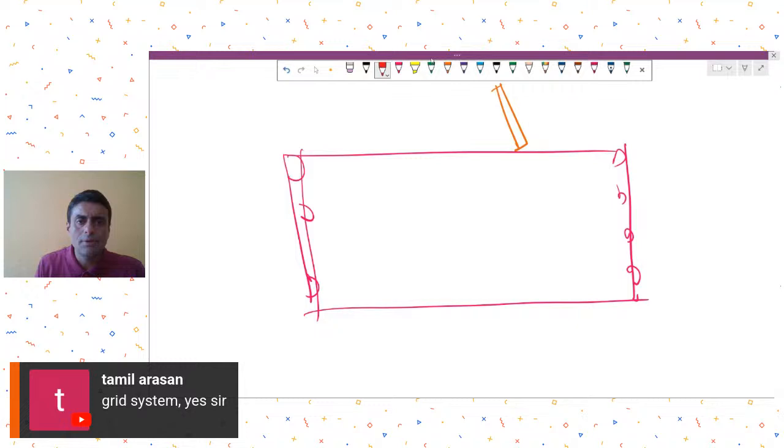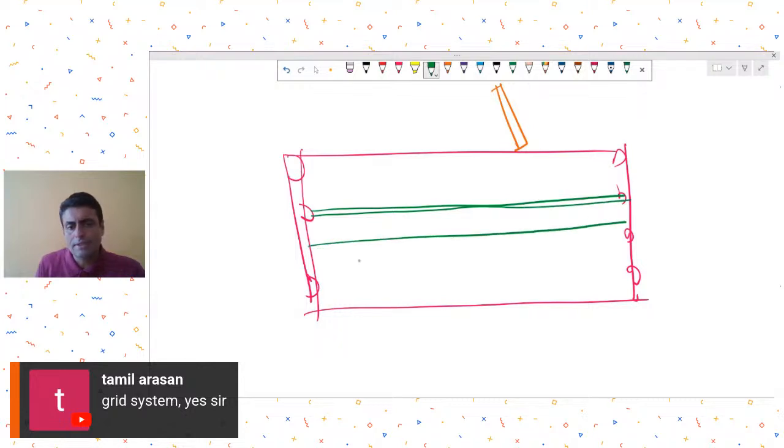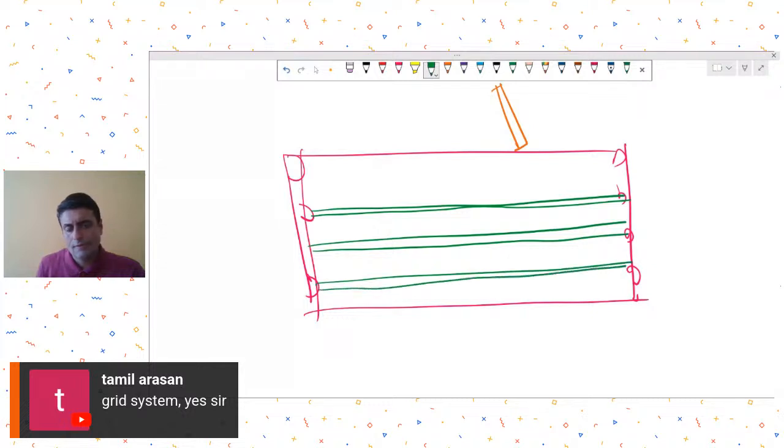So in plan view it would be something like this. What you see is the web thicknesses in plan. So you will be placing like this. Are you placing them one on top of other or on the same level?